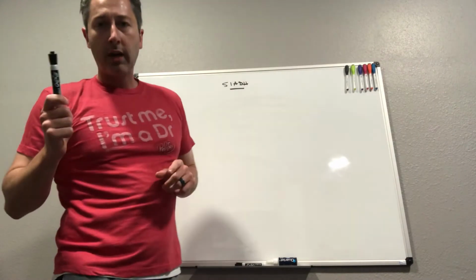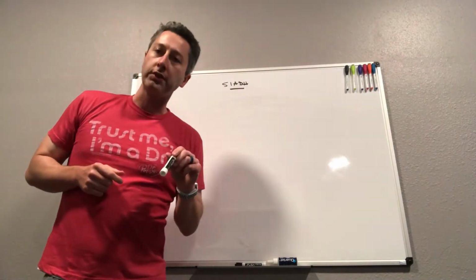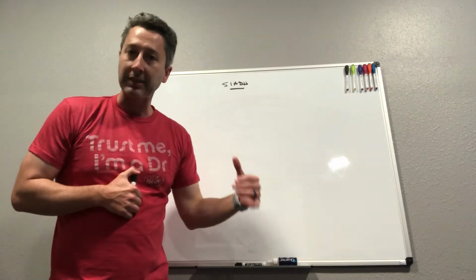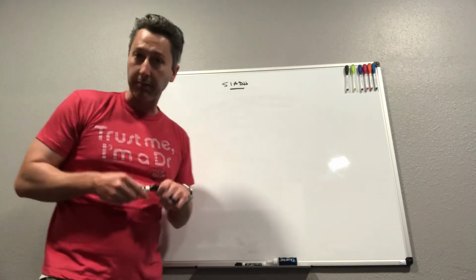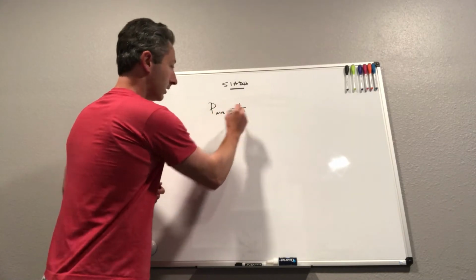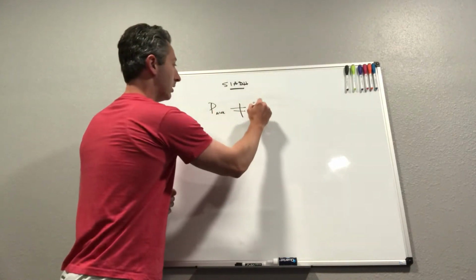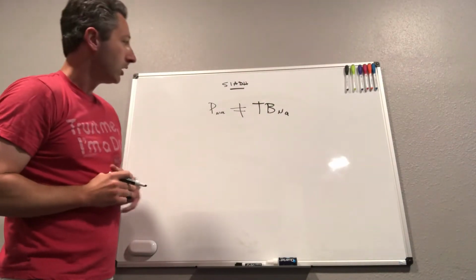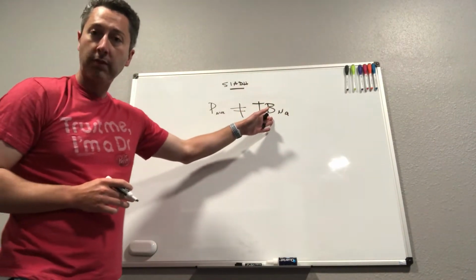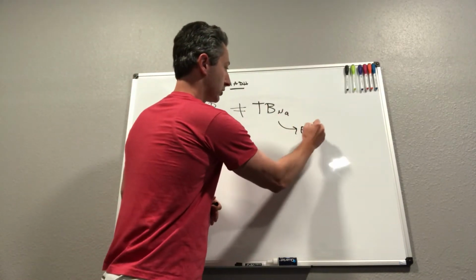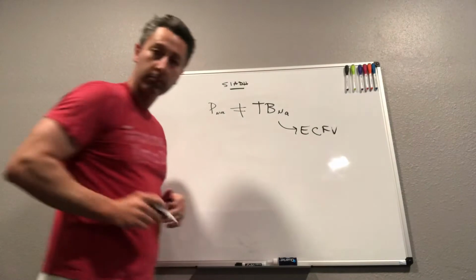Now, when we attempt to understand sodium disorders, the first thing I want us to understand is that plasma sodium does not reflect total body sodium. Plasma sodium does not equal total body sodium. Total body sodium really is reflective of your extracellular fluid volume, okay?